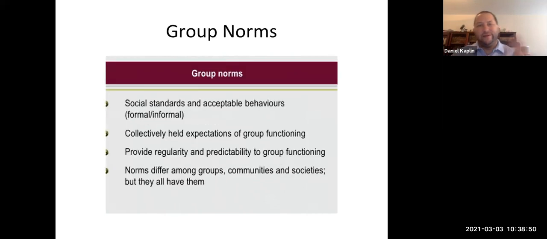So we said there are different structural factors. One of those factors is related to group norms. So group norms are standards of acceptable behavior. They could be formal or informal, right? So formal norms are that which was stated. As mentioned, many people have a pre-group meeting, and in a pre-group meeting, they state their expectations of the group.